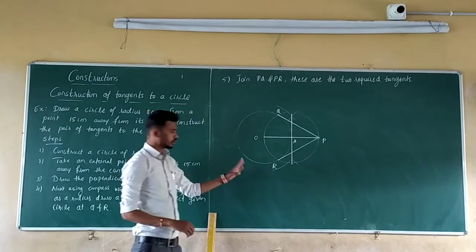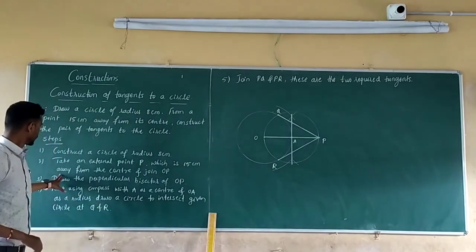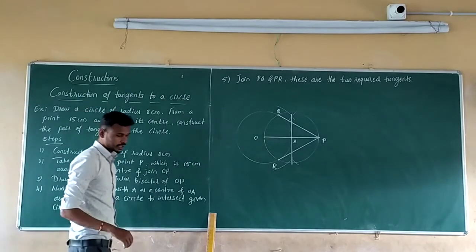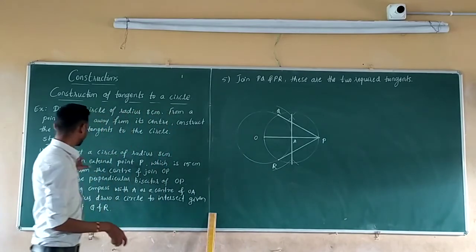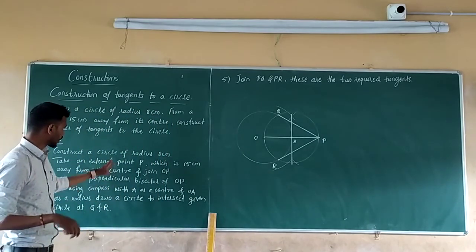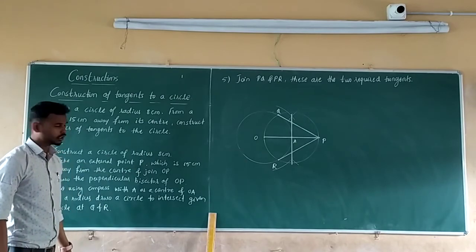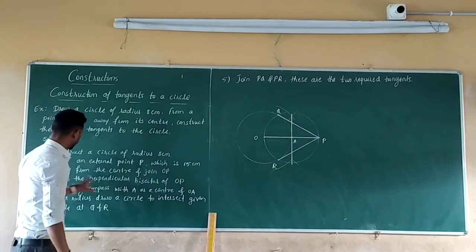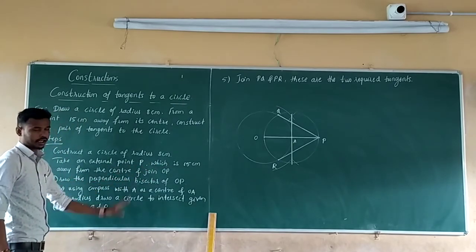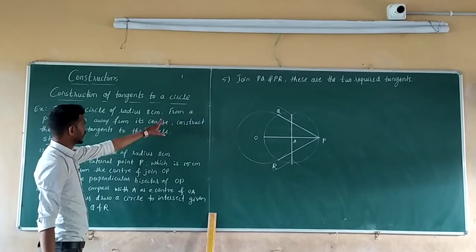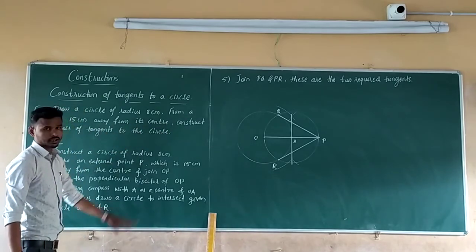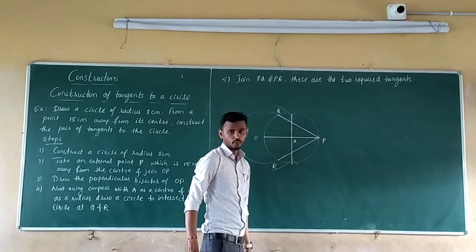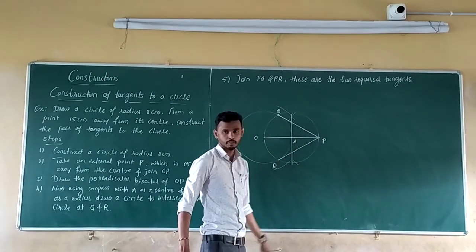Let us see once again. First step, construct a circle of radius 8 centimeter. Next, take an external point P which is 15 centimeter away from the center and join OP. That means join the center and the external point.